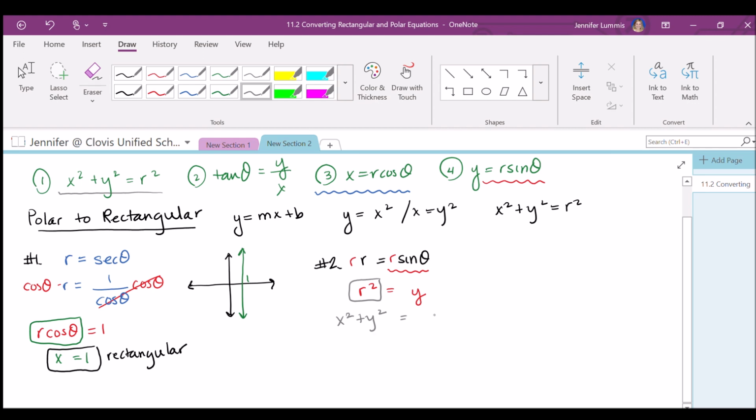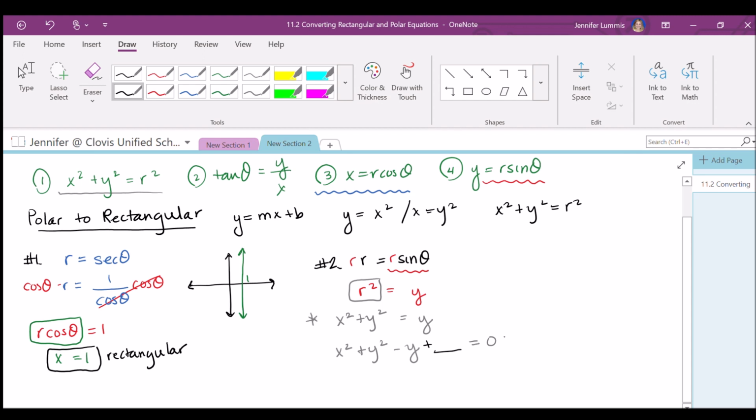And now I have x squared plus y squared is equal to y. So this is the form of a circle, although this equation in particular is not in its standard form for a circle. So we are going to have to get this equation into its standard form by completing the square. So we'll subtract y over. We'll leave room to complete the square.